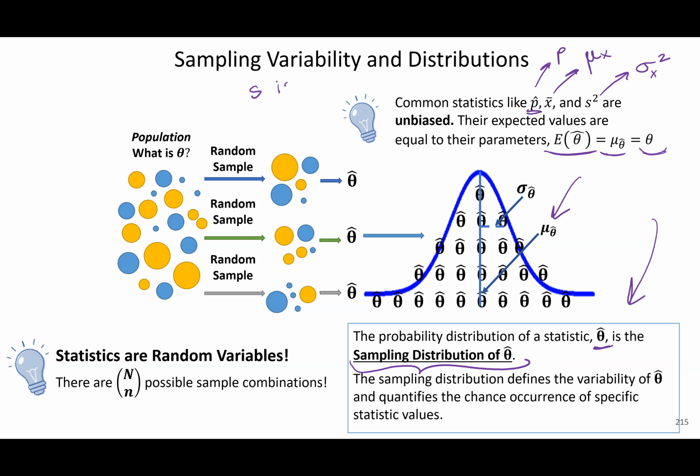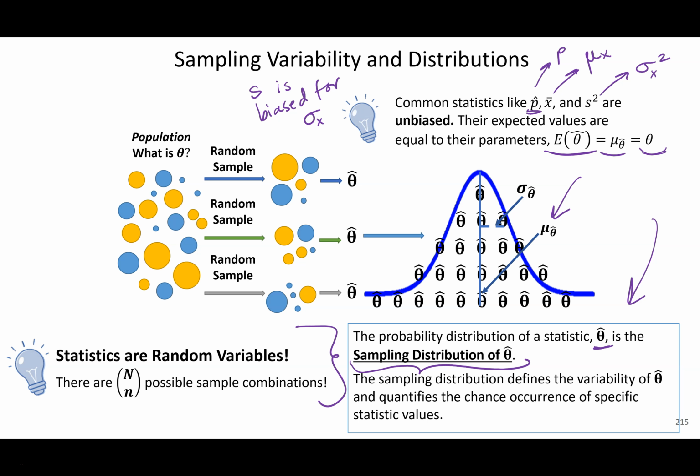Technically, s is biased for sigma, which is one of the reasons we really love the variance in particular, because if we can find an unbiased estimate for the variance, we can get to finding a good estimator for the standard deviation.